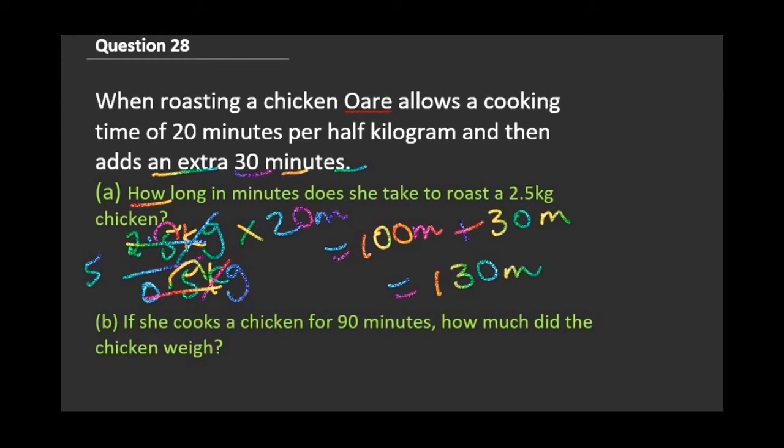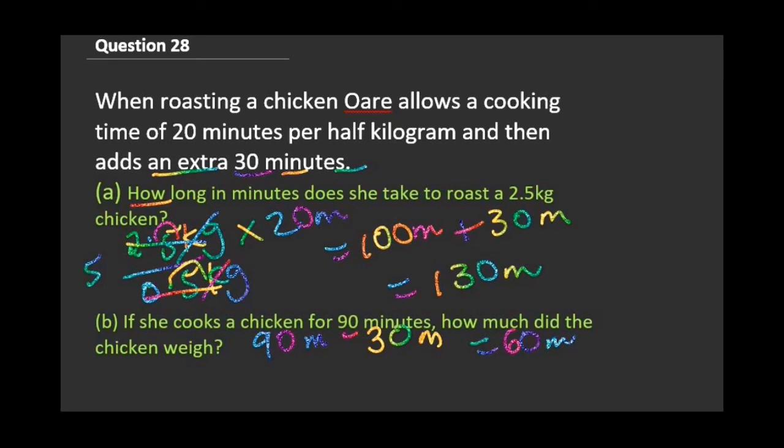The second part of the question says, if she cooks a chicken for 90 minutes, how much did the chicken weigh? The first thing we need to do, let's remove the extra. 90 minutes minus the extra time she usually adds, which is 30 minutes, gives me 60 minutes.